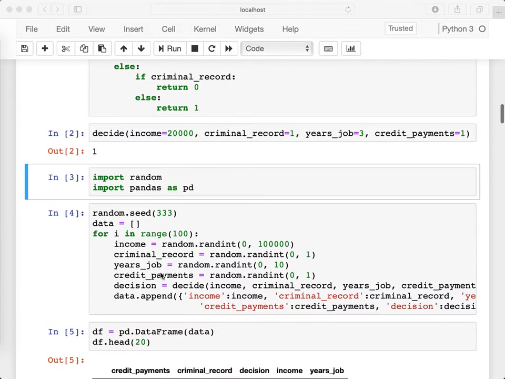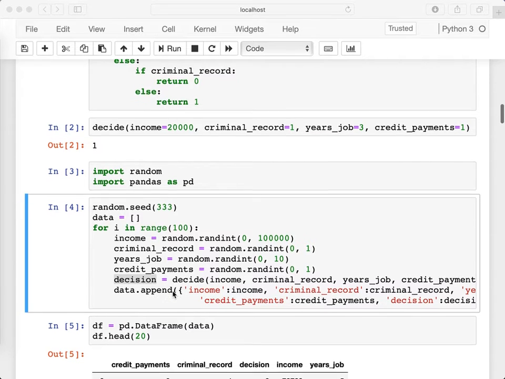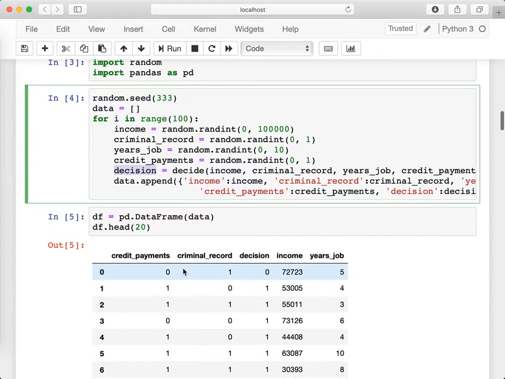So what I'm going to do here, I'm going to simulate a lot of numbers, many incomes, criminal record histories, year in job, credit payment, and also make a decision. So in the example here, we simulated 100 hypothetical loan applicants, and the data is collected in this data frame.